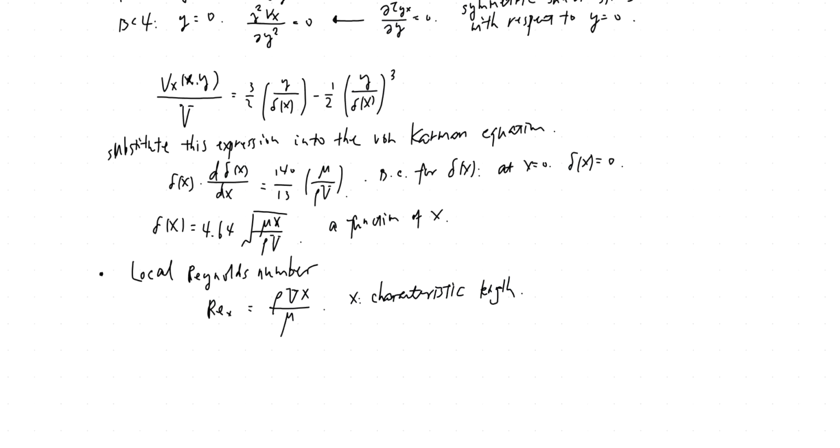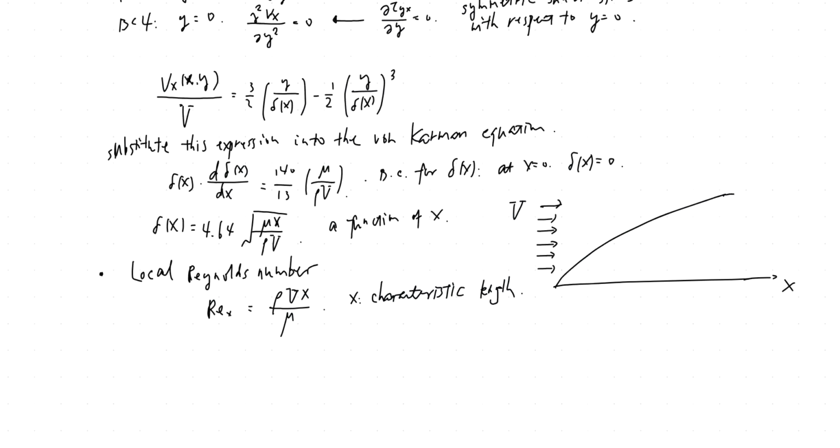So that means the farther you are down the plate, the higher the Reynolds number will be. Let me draw this again. This is your incoming flow. That's why there's only a finite region of the plate where you have laminar flow.